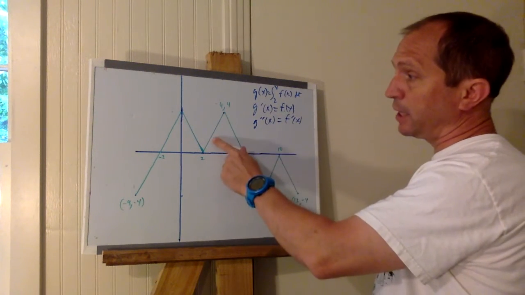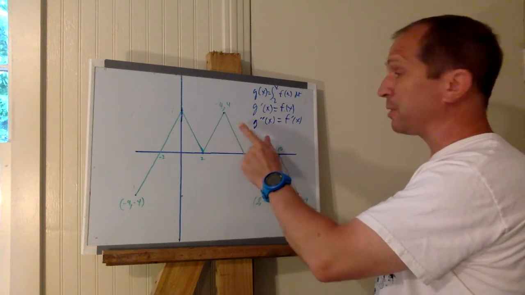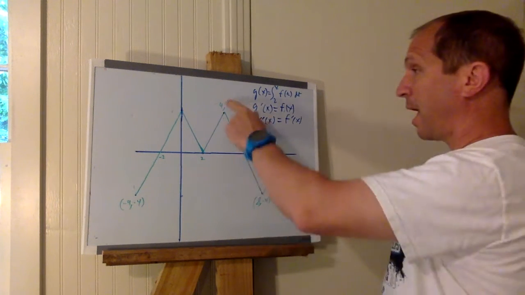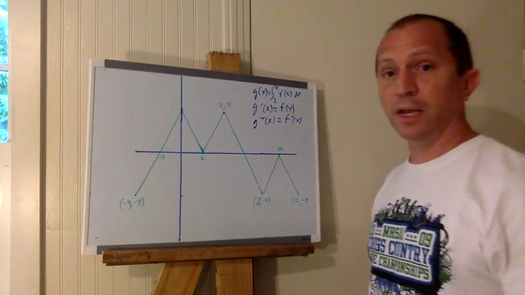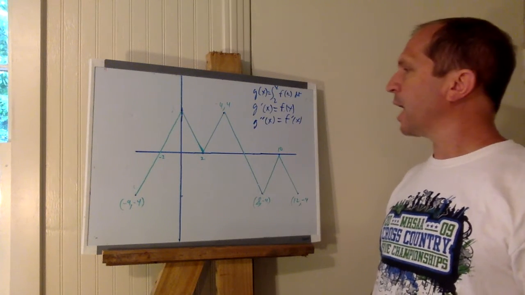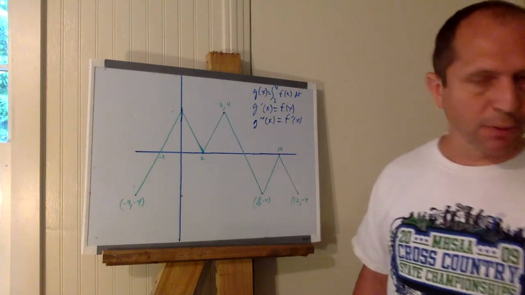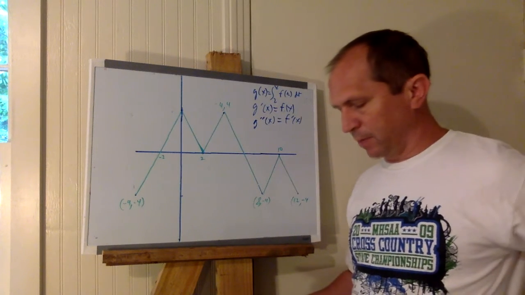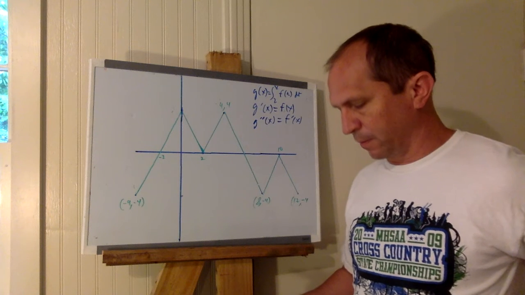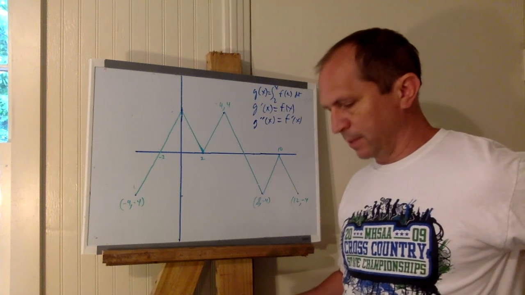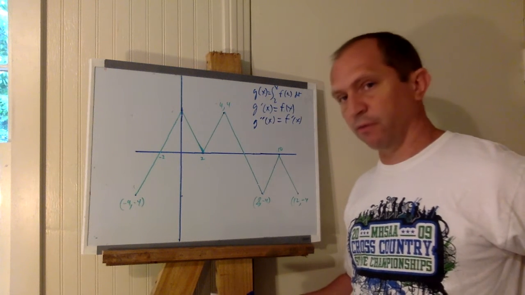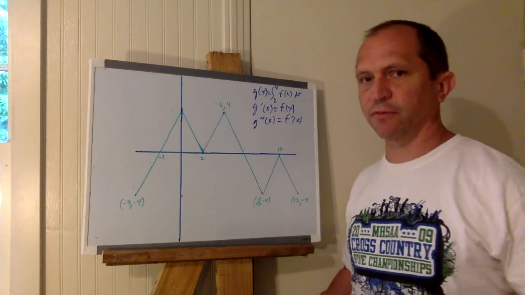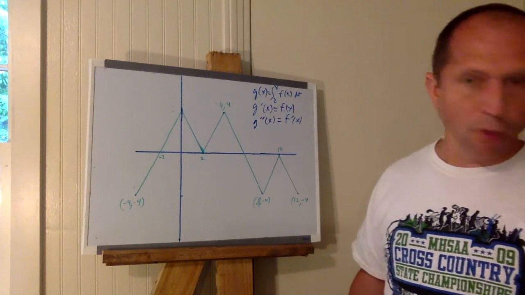Therefore, g goes from being concave up to concave down at 4, and we do have a point of inflection at 4. An explanation that I wrote down as I was working it, I said that since f goes from increasing to decreasing at 4, that means a point of inflection for g of x exists at 4. All right, on to part C.